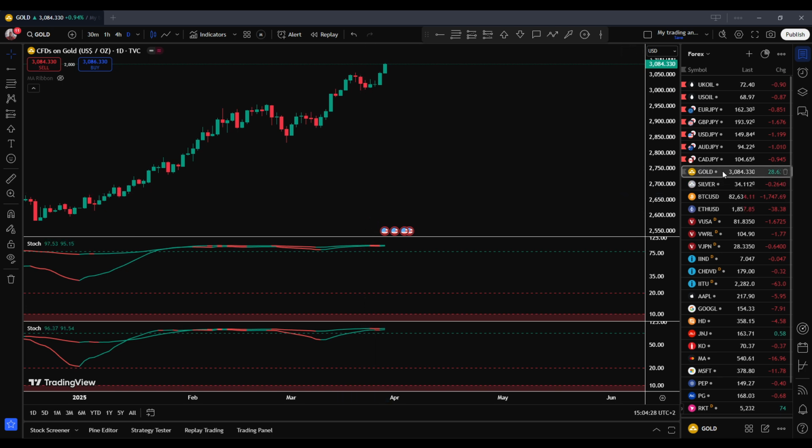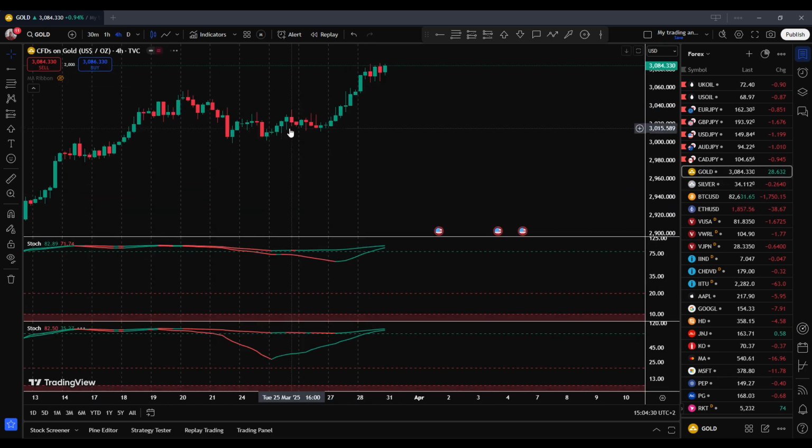Okay, starting with gold. On the 4-hour, you can see that the price is overbought from this 80 line. So I expect soon price to reverse and to start falling.